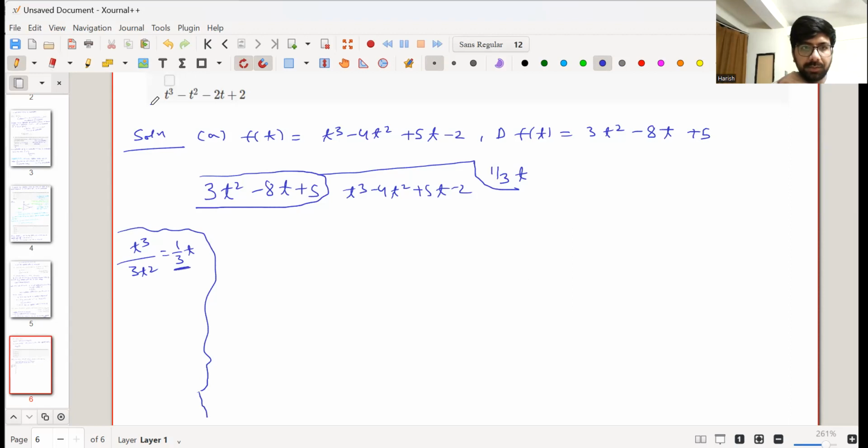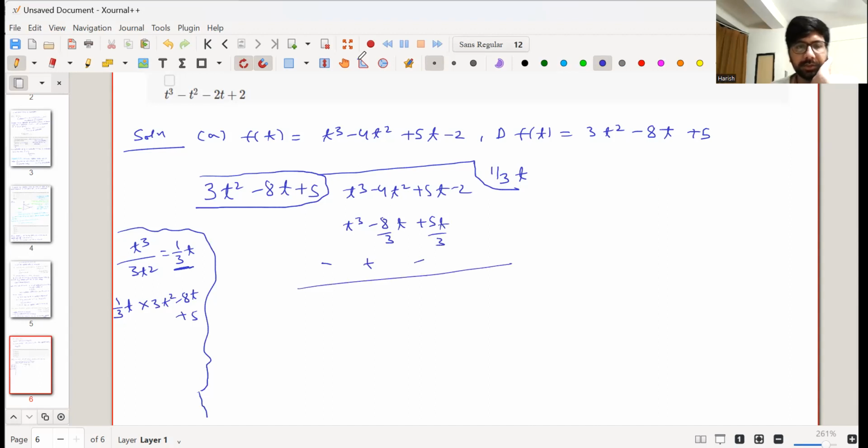Then this 1/3 t is multiplied by the entire thing, 3t^2 minus 8t + 5. So we divided this leading coefficient by the leading coefficient of this, got 1/3 t, and then we multiply this answer to this entire polynomial, and then subtract. So 1/3 t multiplied by this is t^3 minus 8/3 t^2 + 5t/3, and we will subtract this.